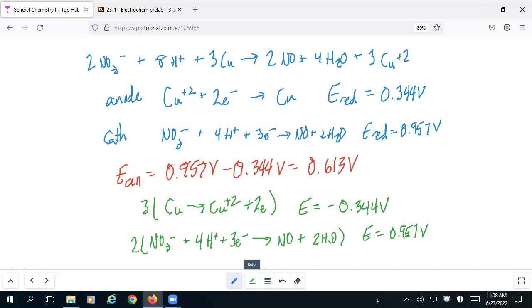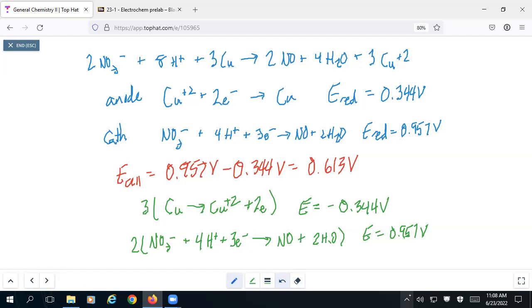It's not. We're using a similar approach, but in execution, we have to remember that these E values are intensive. So I don't go, oh, well, I multiplied that by 3, so I got to multiply this one by 3, I got to do that one by 2, add them together to get my final voltage. I can't do that. That's going to lead me down the wrong path.